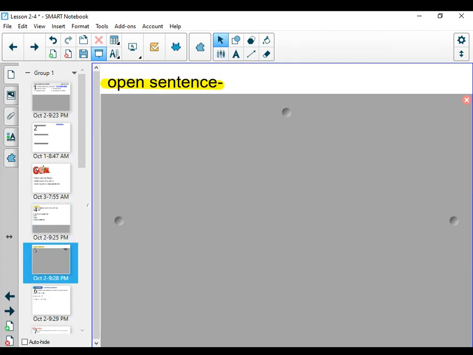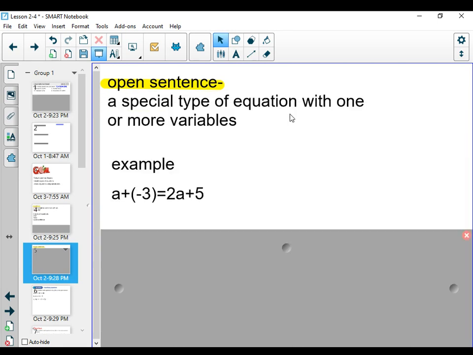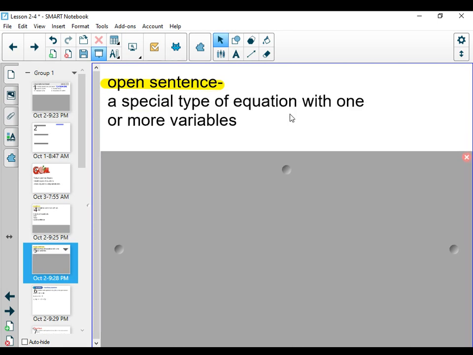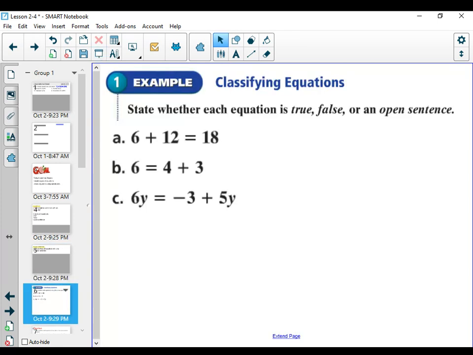An open sentence is a special type of equation with 1 or more variables. So you might be saying, what does this look like? There are 3 examples right on your notes.